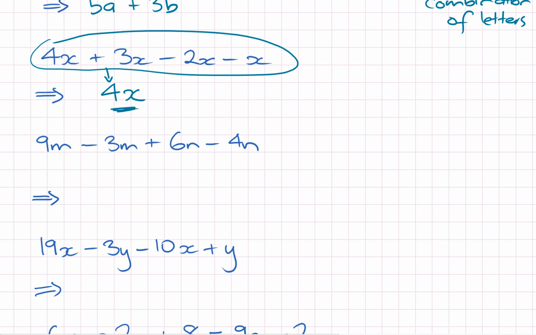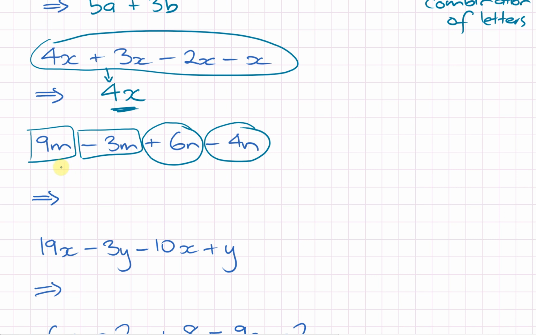So this expression I have simplified down to 4x. Okay, collecting my like terms with this next example, I've got 9m, so I'm going to put a square around that. 9m minus 3m. Then circles around the n's, so plus 6n minus 4n. So in my rectangular shapes, I've got 9m minus 3m, that will give me 6m.